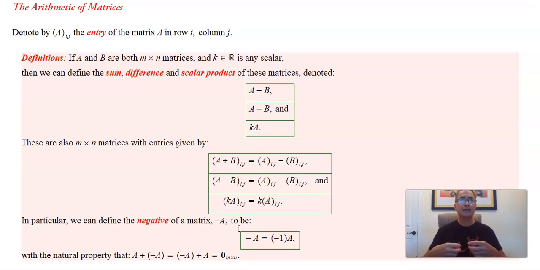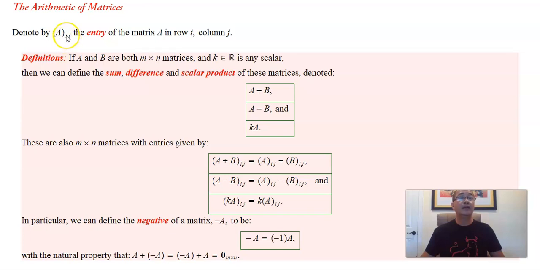Okay, so in our last two examples, we were talking about corresponding pairs of numbers. So to define these operations on matrices, let's bring back the notation that we saw earlier, where if you have a matrix A, you can enclose A with parentheses and put the subscripts i and j, where i is the row number and j is the column number.